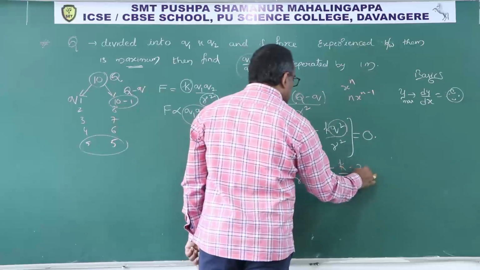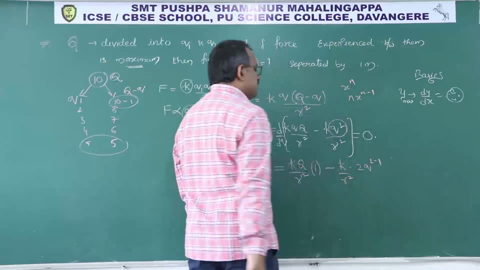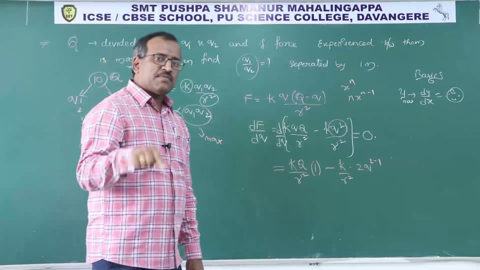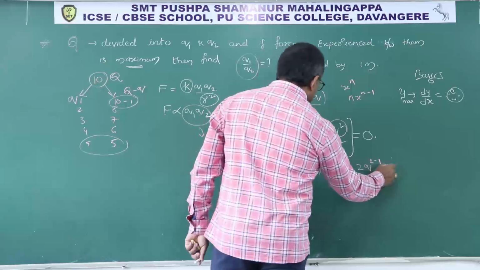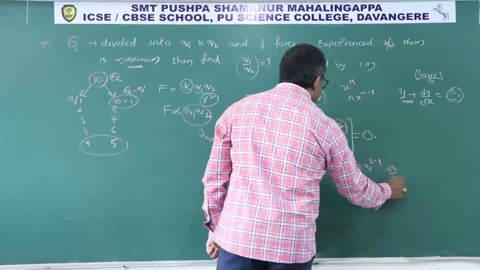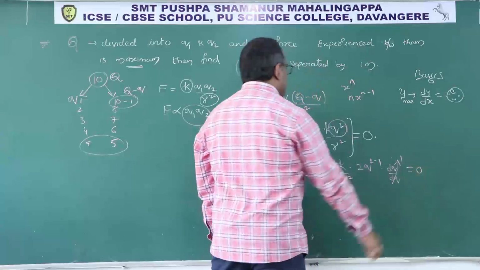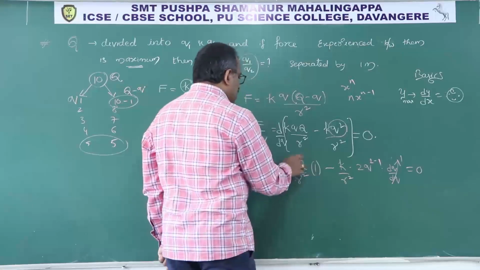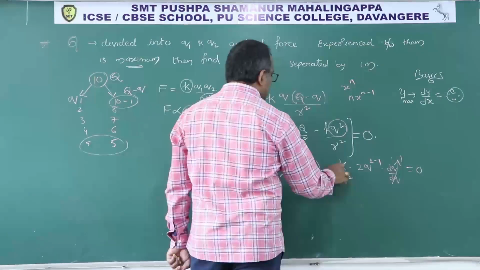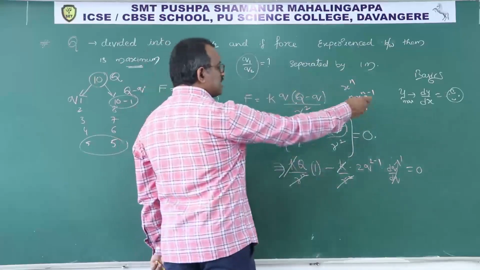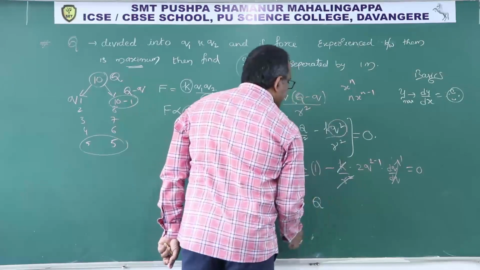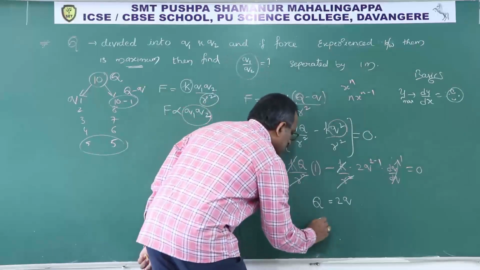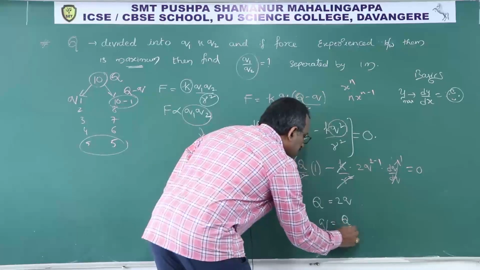So this will become 2 into q power 2 minus 1, times dq by dq, which is 1, and this should be equal to 0. Hence done, it is very clear. Taking k by r square out and sending to that side 0, then this will be Q. This minus goes to that side, is equal to 2q. Hence q is equal to Q by 2.